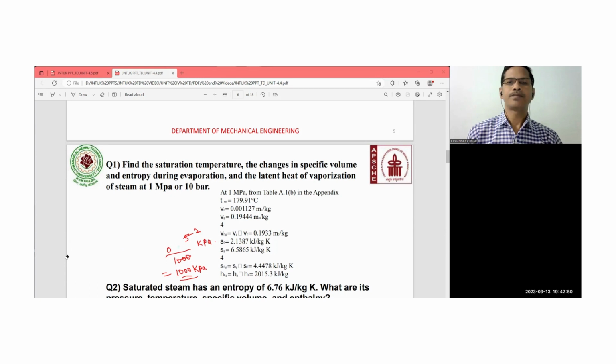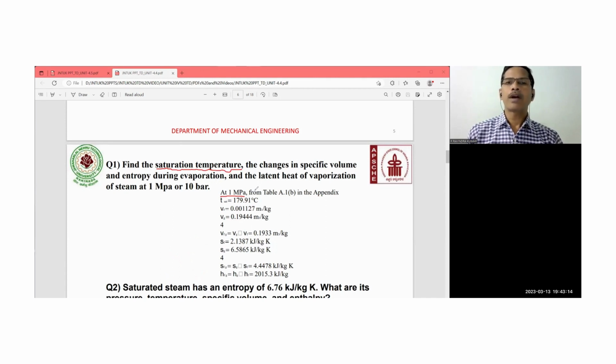Now, when you observe the steam tables, just quickly recap from the steam tables, that is at 1 megapascal. See here, you have to use the saturation temperature based steam tables.